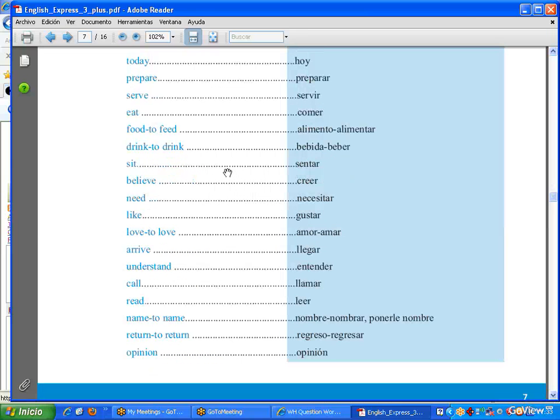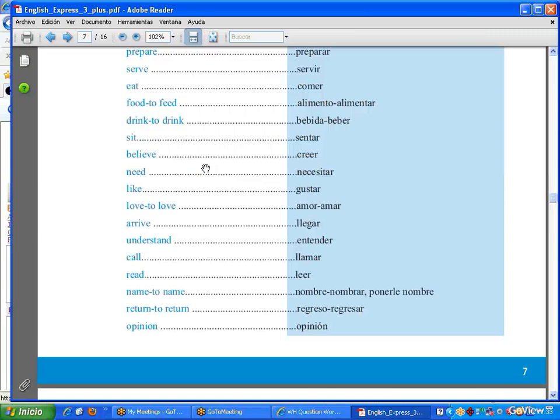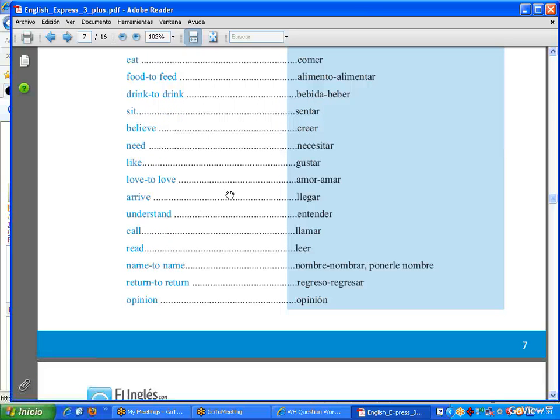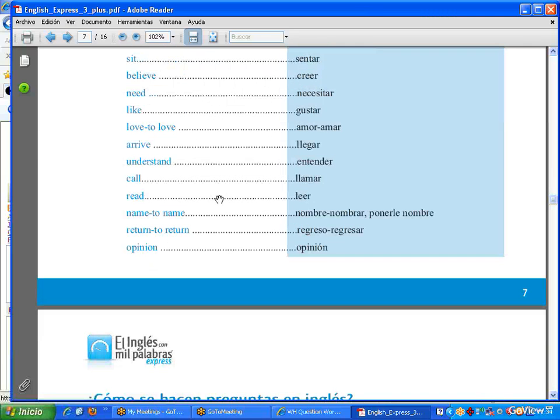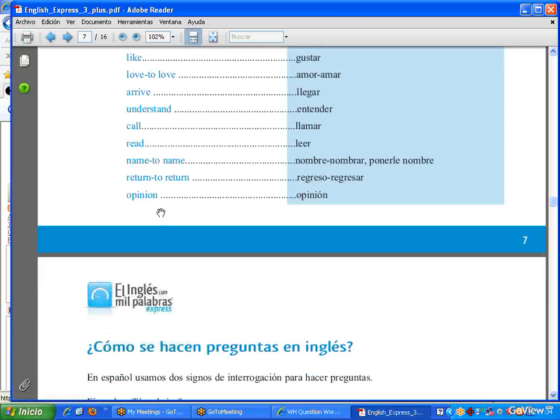Very important. Here we have like, love, to arrive, to understand, call, to read, to name, to return. We have a noun here, an opinion. An opinion, okay? That's a sustantivo.